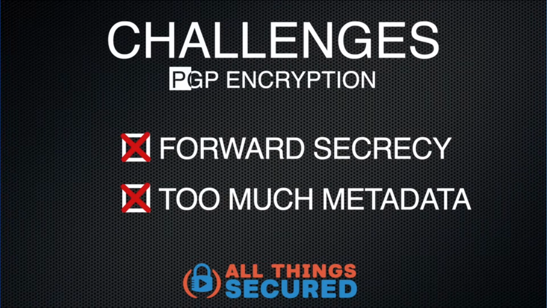So forward secrecy is the concern that if someone were to get older keys that you had used for different communications, they have the ability to decrypt future messages. So perfect forward secrecy is going to use an encryption protocol that is constantly changing those keys.